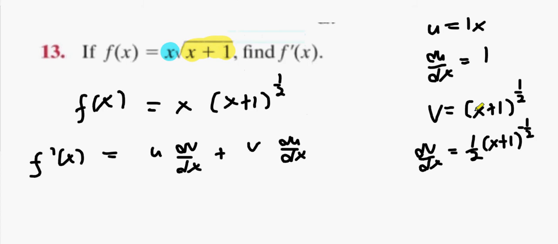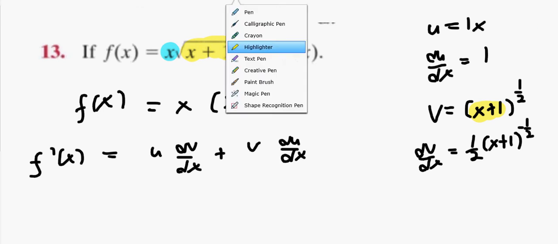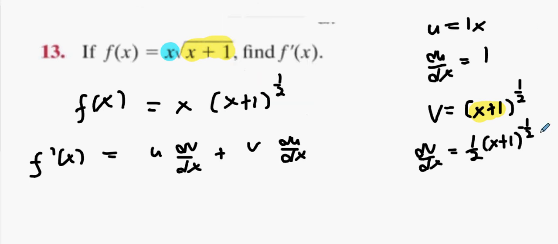So you differentiate the x + 1, which is just 1. And then what you're going to get here is 1 over 2. Suppose you can put (x + 1) to the power of a half on the bottom.